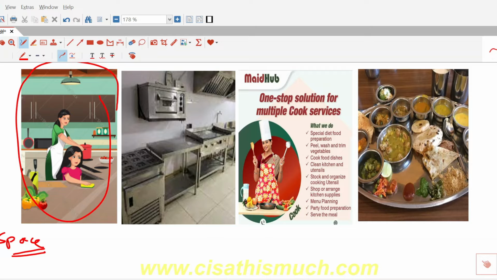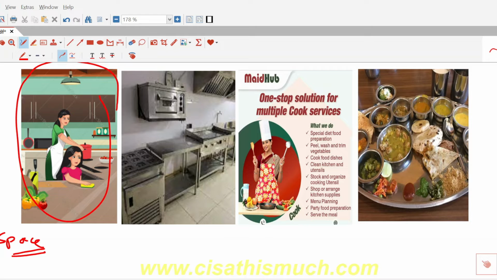Obviously the family, right? They themselves are responsible for managing the space. They themselves are responsible for managing the electricity. If you have the kitchen, you must have the electricity, you must have the lights, right? So when it comes to the lights, when it comes to the premise, who is responsible for that? The family itself, right? Who is responsible for the gas?